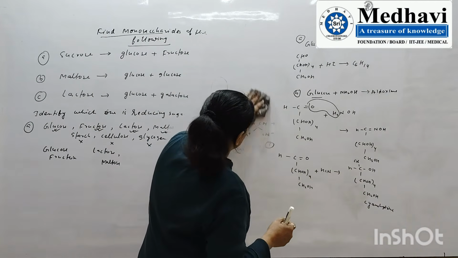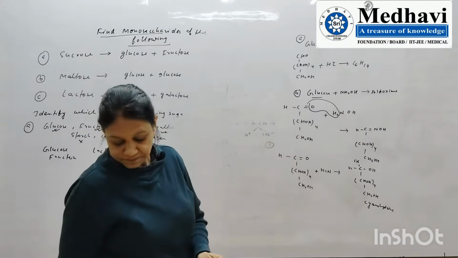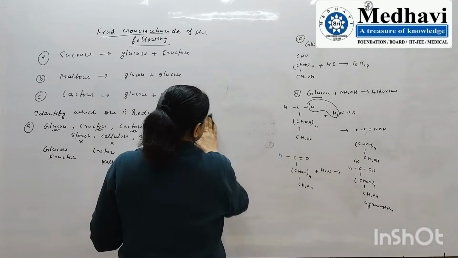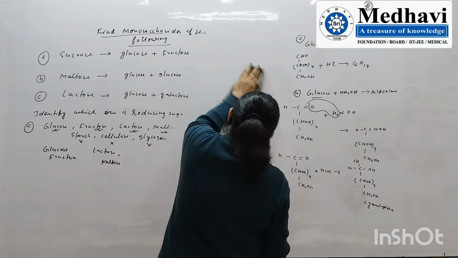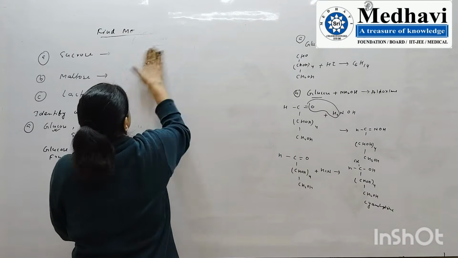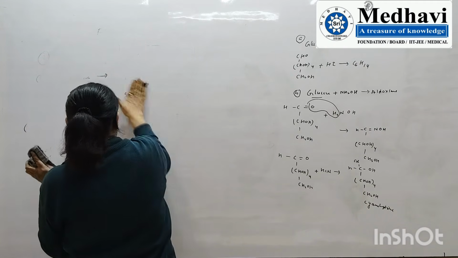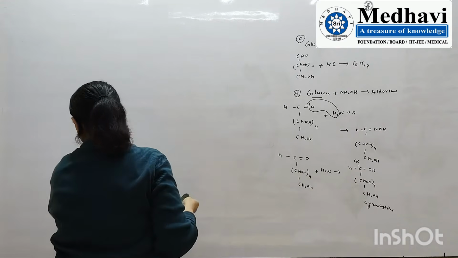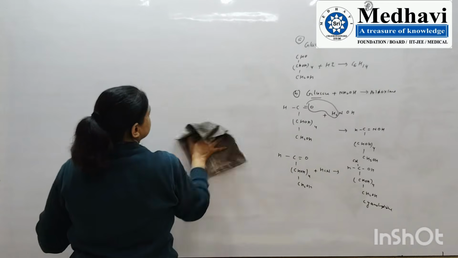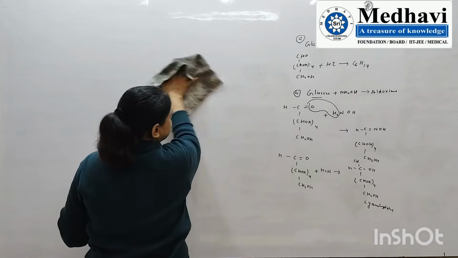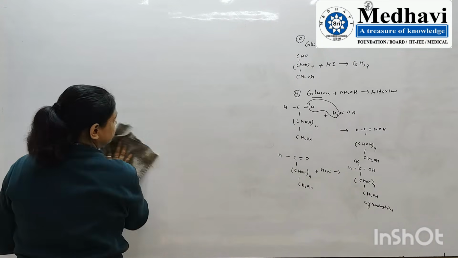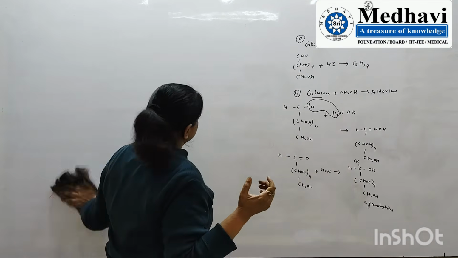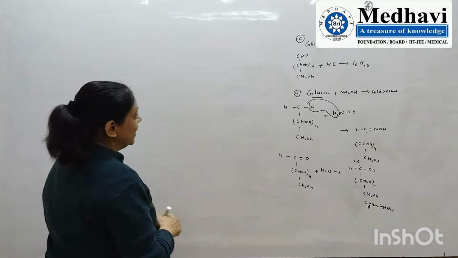Then the third important reaction of glucose is with bromine water.